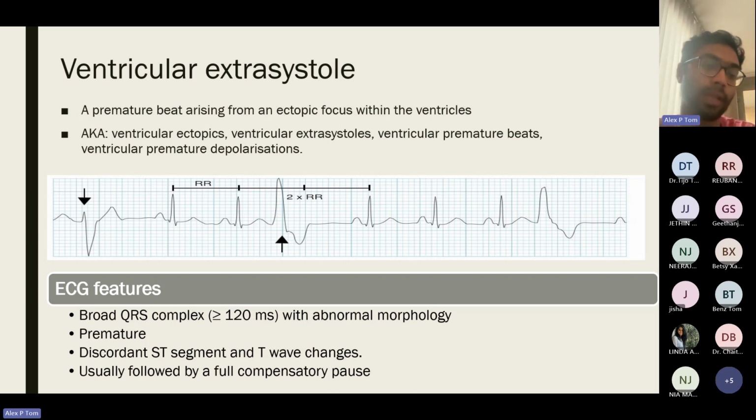Usually it will be followed by a compensatory pause. This is the normal RR interval, there is a premature ventricular beat here, and then a 2 times RR interval compensatory pause. The T wave will always be opposite in direction to the QRS complex. So when you see something like this as a one-off, that would be a ventricular extrasystole.